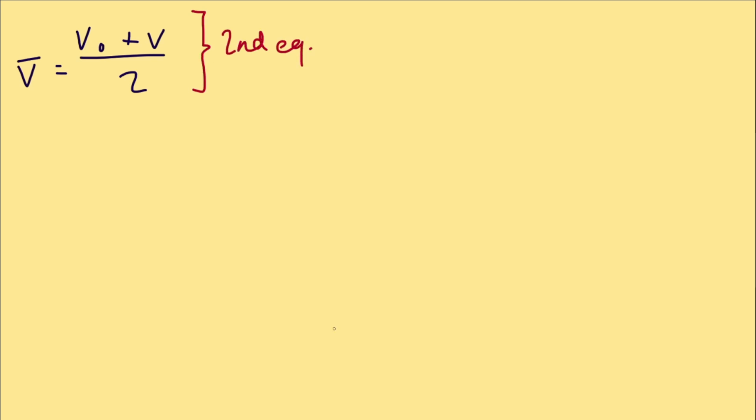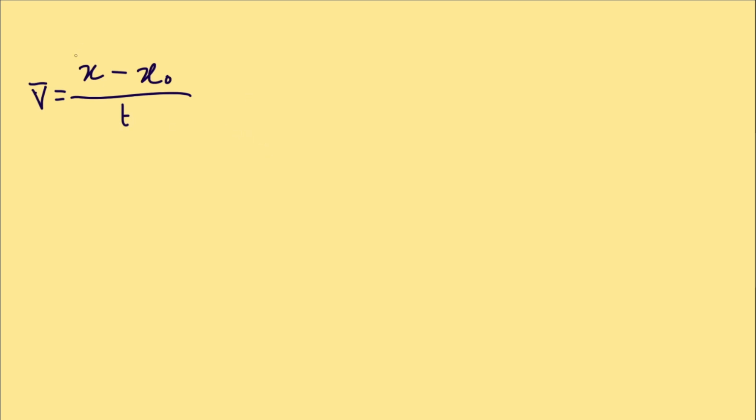Now for the third equation, it's going to take a few steps. How would you find the position x after it undergoes constant acceleration for a time t? Well, let's take our very original average velocity equation, not our new one that we created. Average velocity is displacement over time.